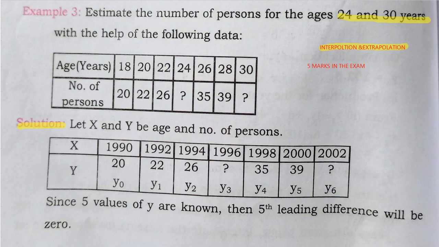X is considered as the age, and y is considered as the number of persons.